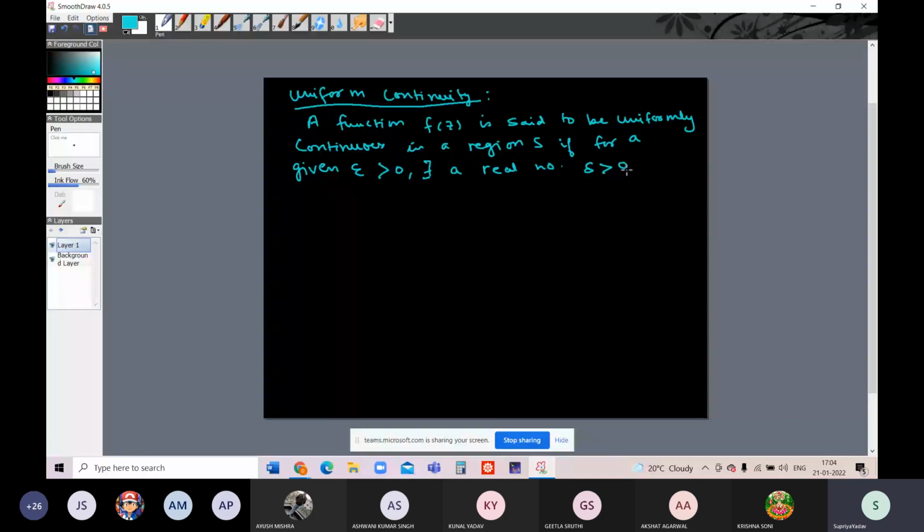This real number depends only on the epsilon which we are choosing.